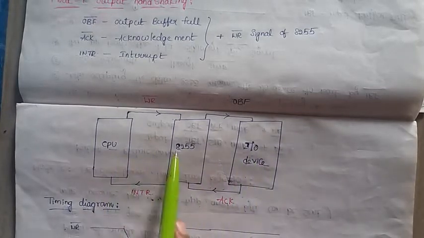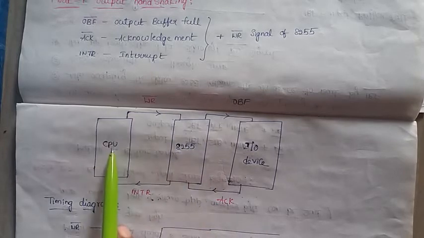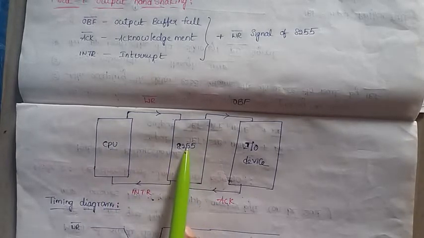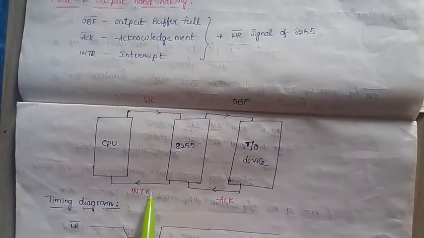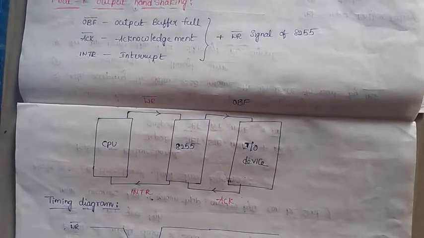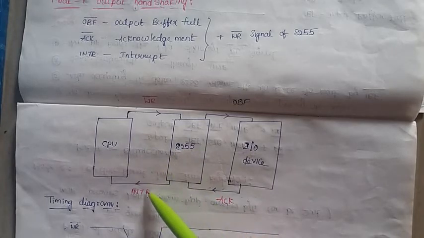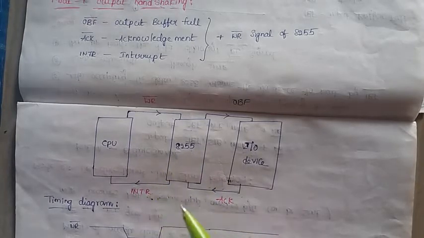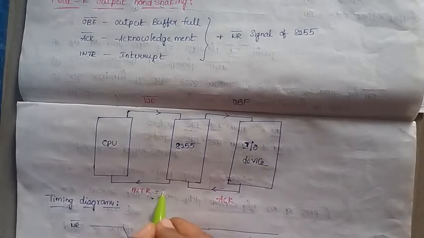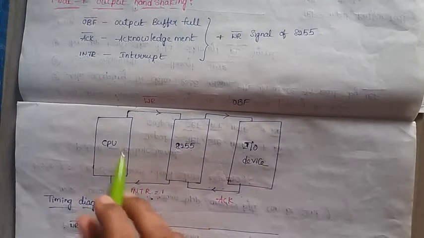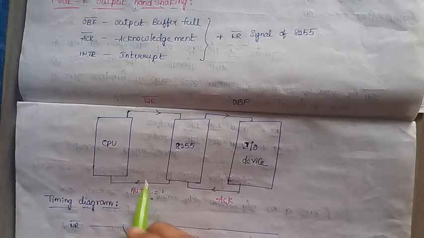Before sending the data to 8255, the CPU first checks whether the 8255 is free or not by checking the INTR signal. When the port is empty, it is indicated by the INTR line being high. That means when the INTR line is 1, it indicates to the CPU that the port is empty.